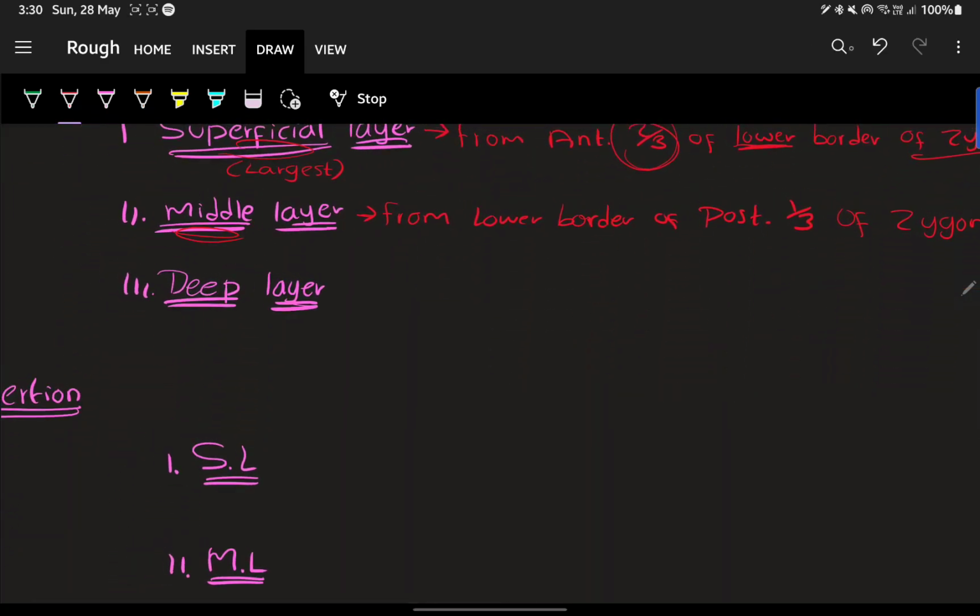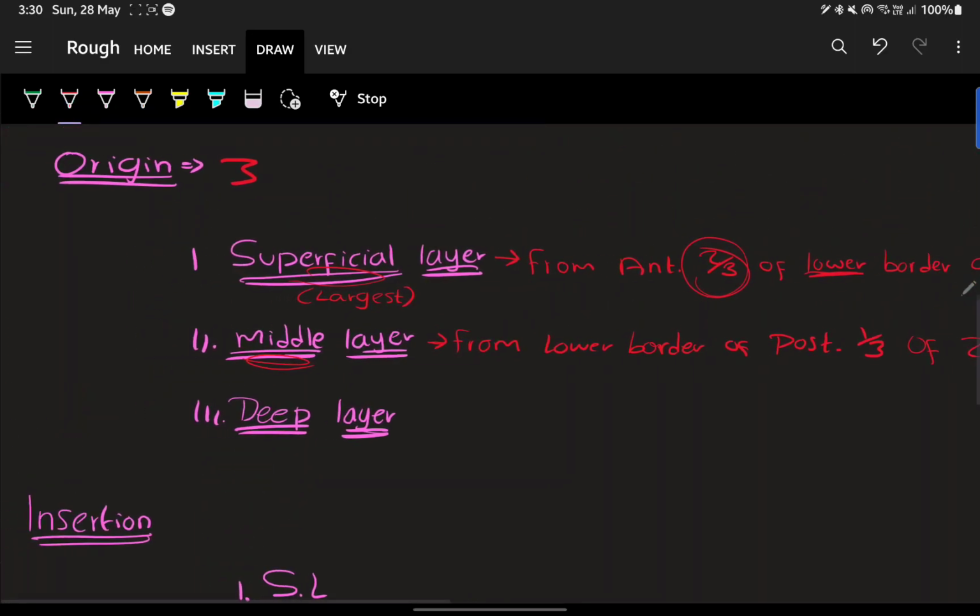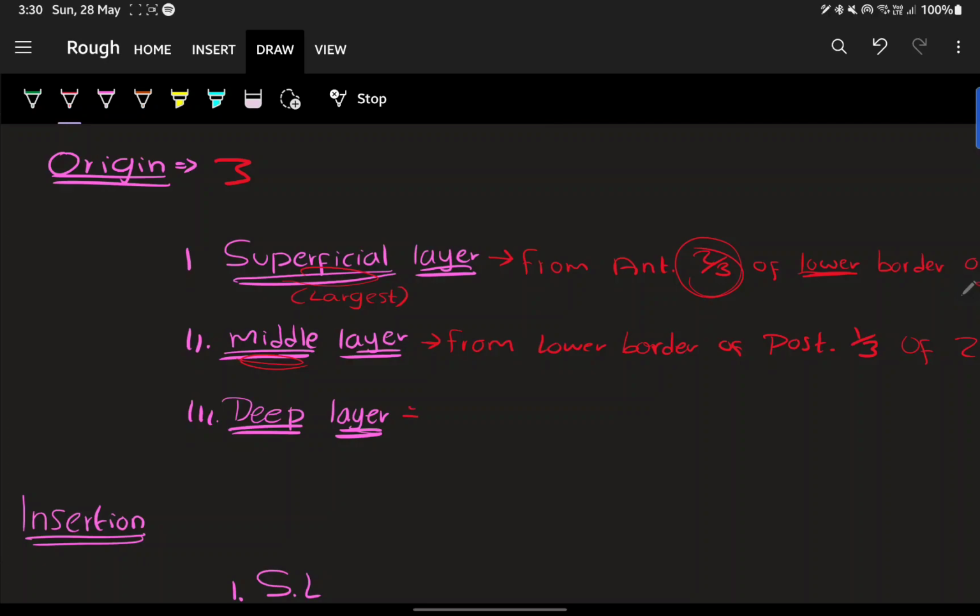So the deep layer, which is the third and last layer of the origin of masseter muscle, is from the deep surface of zygomatic arch. So all of them take origin from the zygomatic arch.